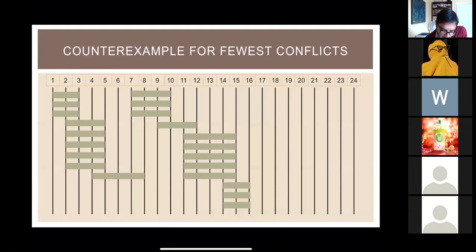In this example, first of all, what's the optimal solution? How many events can you schedule in this example? Four. Very good. Now let's see what the fewest conflicts would do. How many conflicts does this guy have? 7 conflicts.